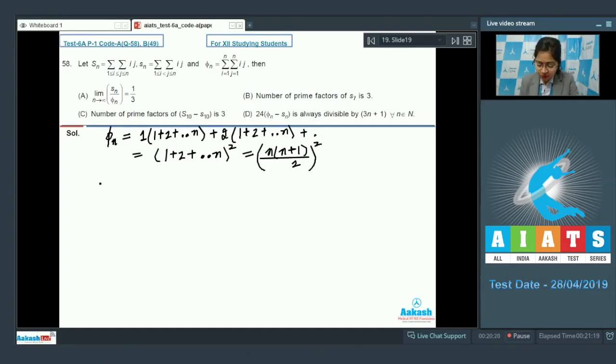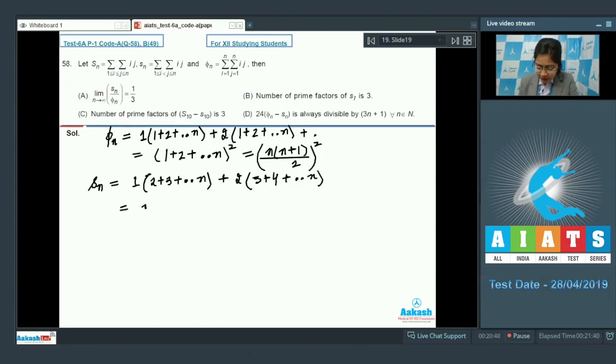Next, let's find the value of small sn. If I put i equal to 1, then j will go from 2, 3 and up till n. Similarly, if I put i equal to 2, then j will go from 3 plus 4 and so on up till n.